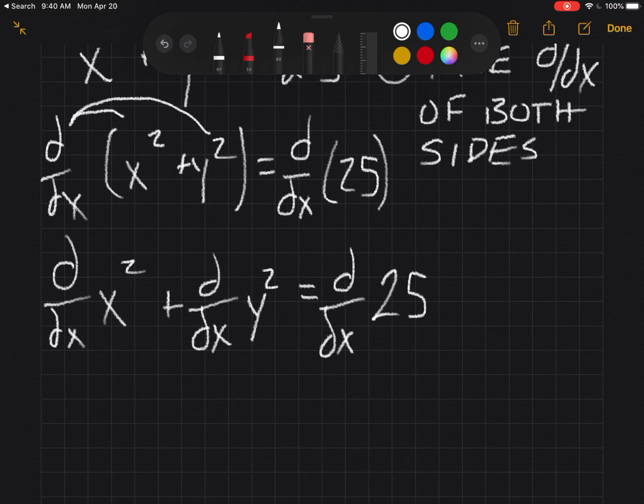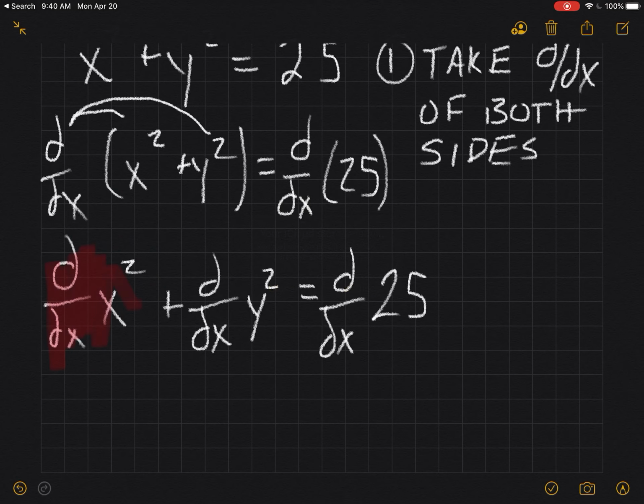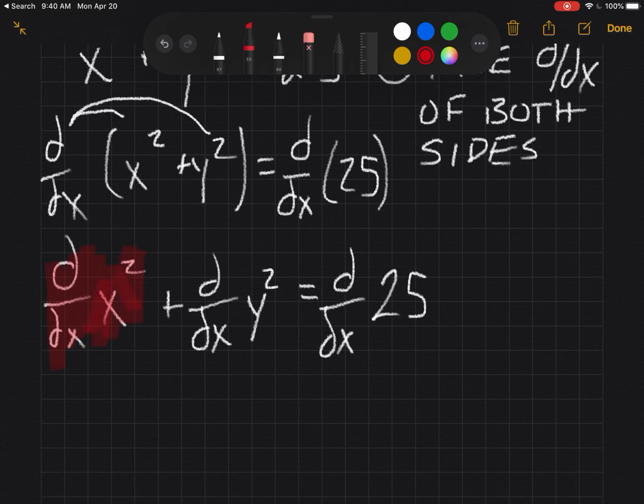The derivative operator distributes like that. So this is going to give us the derivative with respect to x of x squared plus the derivative with respect to x of y squared, and that's going to equal the derivative with respect to x of 25.